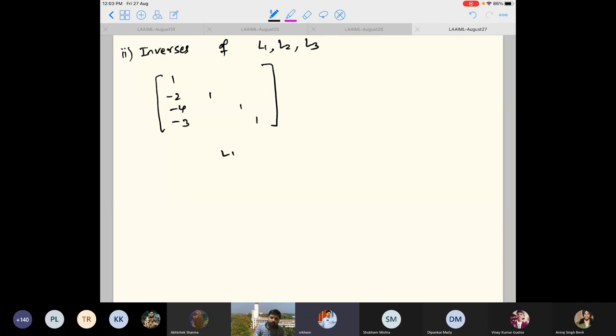This is my L1. Inverse of L1, if I say 1, 2, 4, 3, 1, 1, 1. Can you at least check that this is the inverse of L1? Can you at least check whether L1 inverse is this?